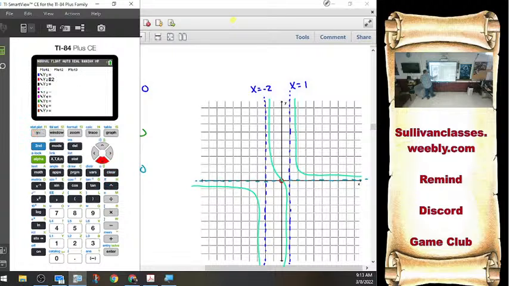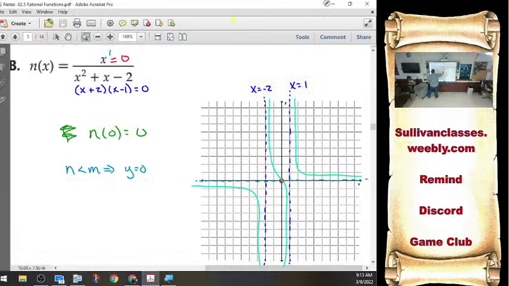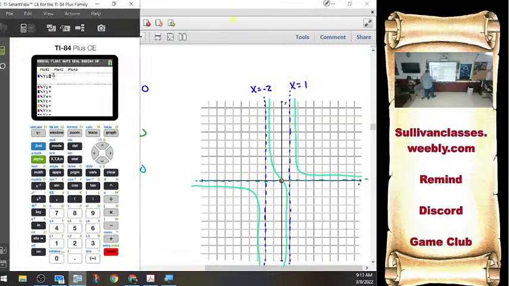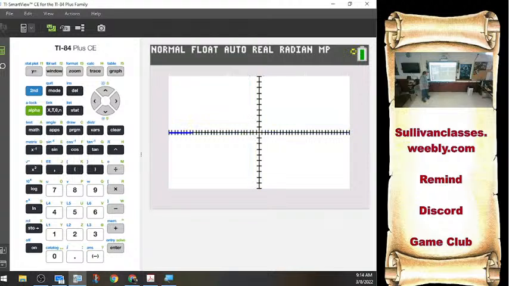Clear. We had x over x squared plus x minus 2. X squared plus x minus 2, graph of a. Yep, RGB.